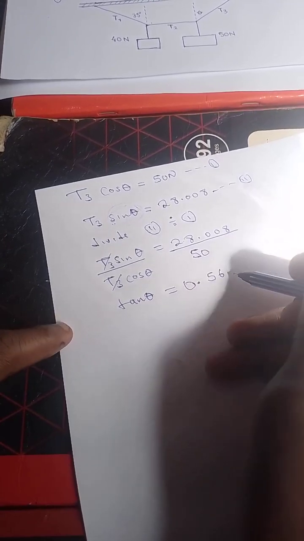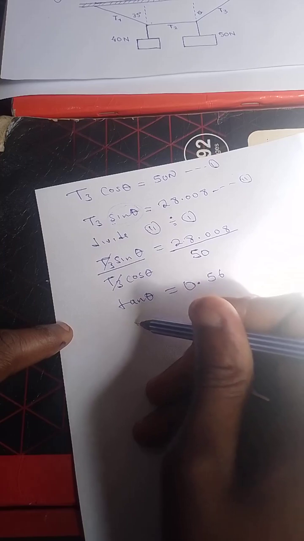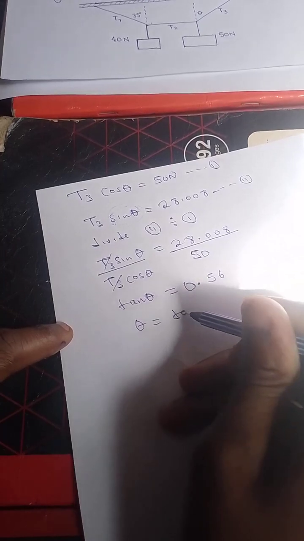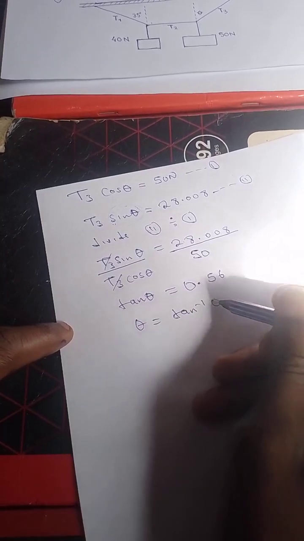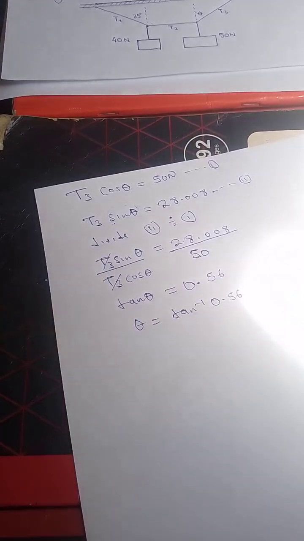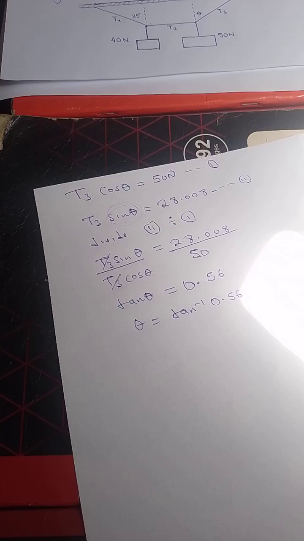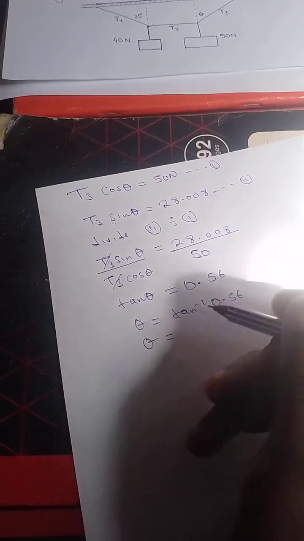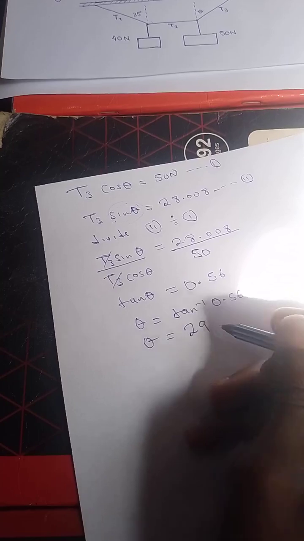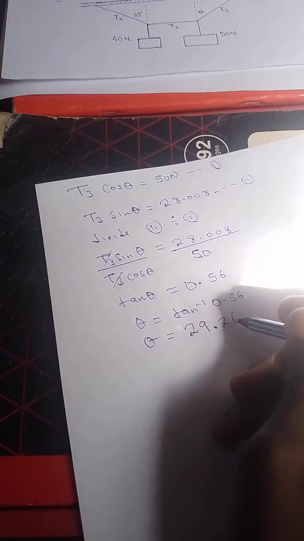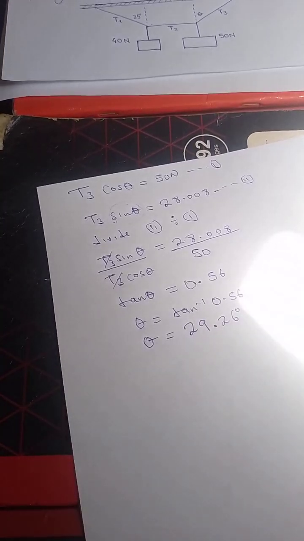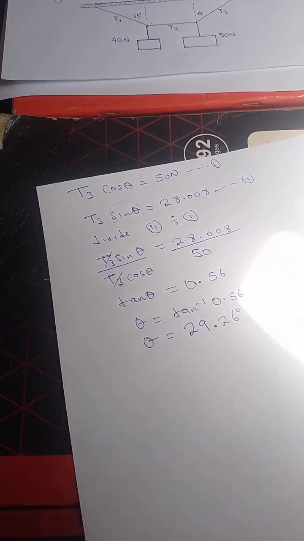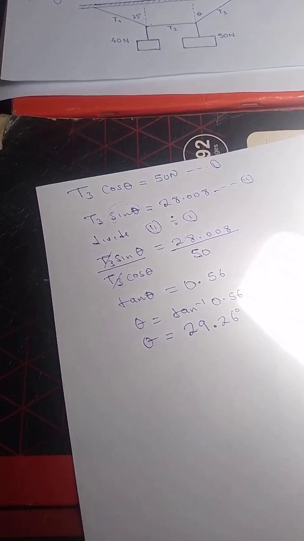So theta should be equal to the tan inverse of 0.56. When we find the tan inverse of 0.56, we get a value of theta equal to 29.26 degrees. So this is the angle that we have. Now with this angle, we can find what T3 is.